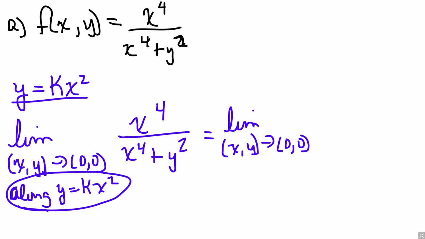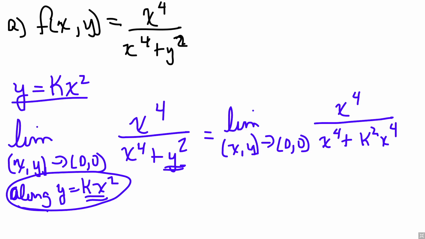And what we're going to have is x to the fourth over x to the fourth plus, now if I put this in place of y and square it, it's going to give me k squared x to the fourth.